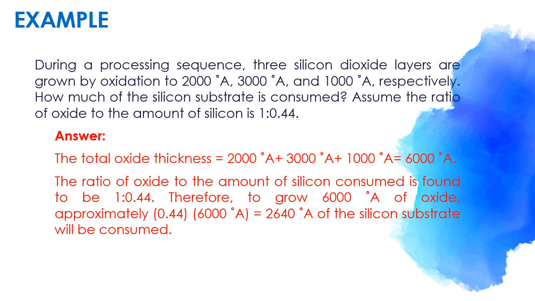Therefore, to grow 6000 of oxide, it is 0.44 times 6000, which equals 2640 of the silicon substrate that will be consumed.